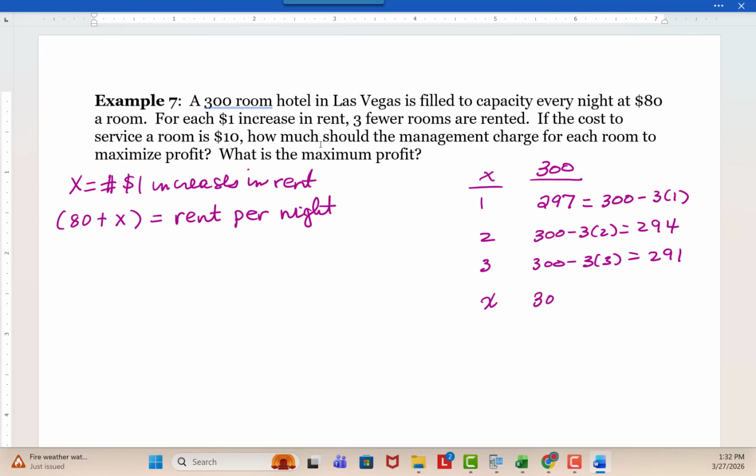It's going to be 300 minus 3x. That's the number of rooms that we are renting at the new price. So 300 minus 3x is the number of rooms rented.